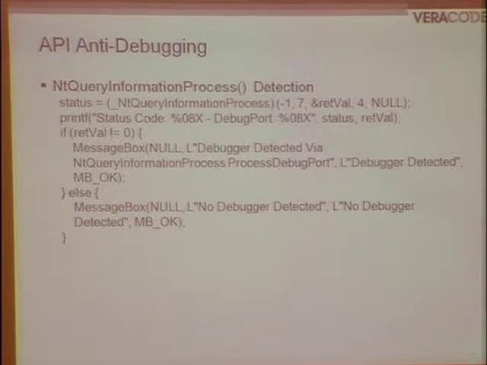So what this call does is it queries the process looking for the debug port. If the return value is 0, that means that no debugging port is available and the process is not being debugged. If the return value comes back with anything other than 0, that's the process debug port, which means it's being debugged.